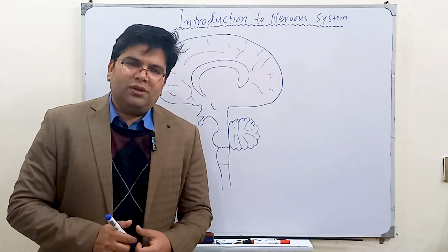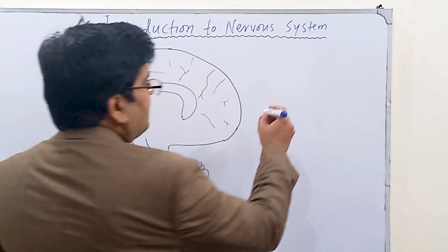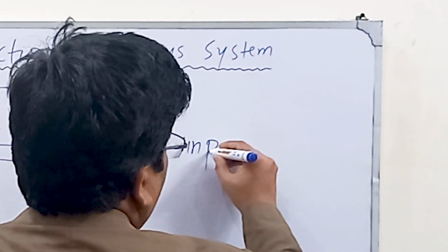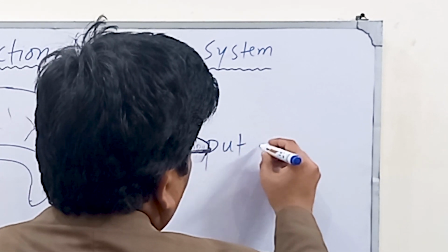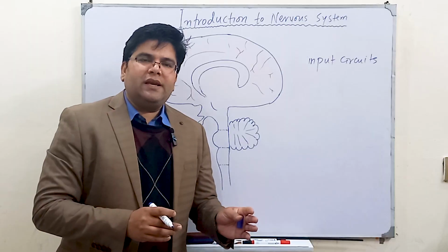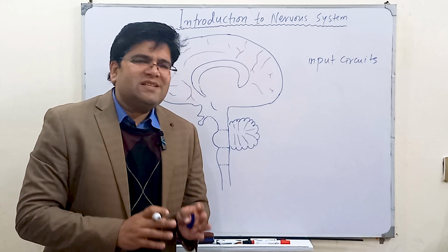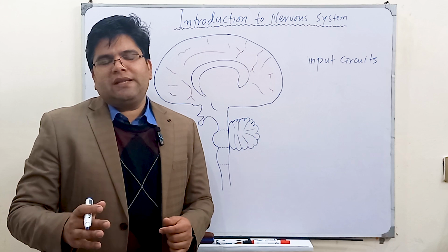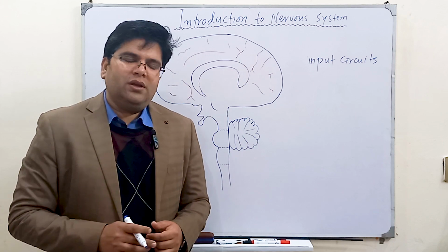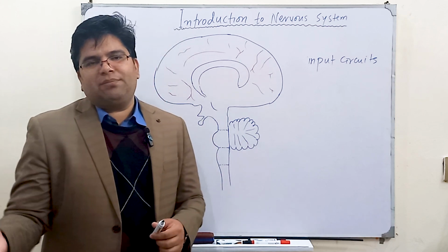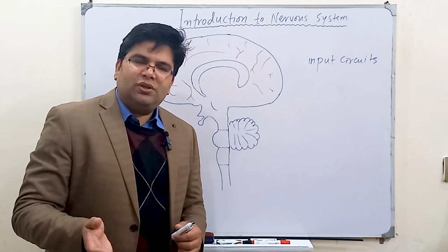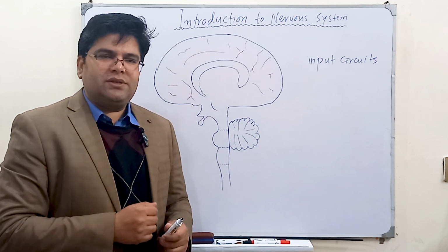Just like in computer, there are three important parts. One is the input circuits, like keyboard and mouse. They are very similar to the sensory tracts of our body, which take signal from the sensory receptors and give that information to the central nervous system.